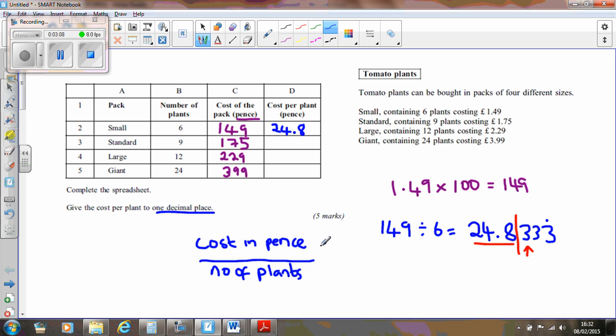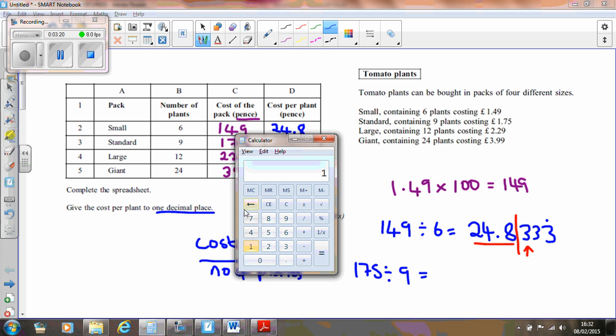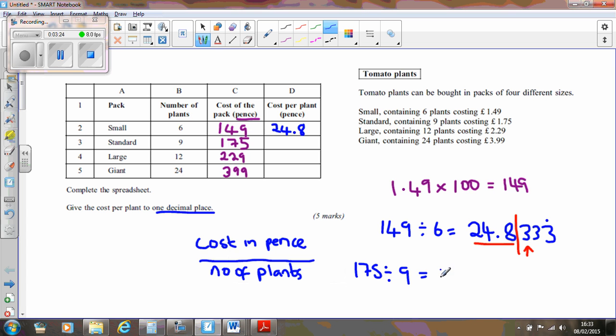And the next one, 175 divided by 9, let's put the 9 there, equals 19.4 recurring.